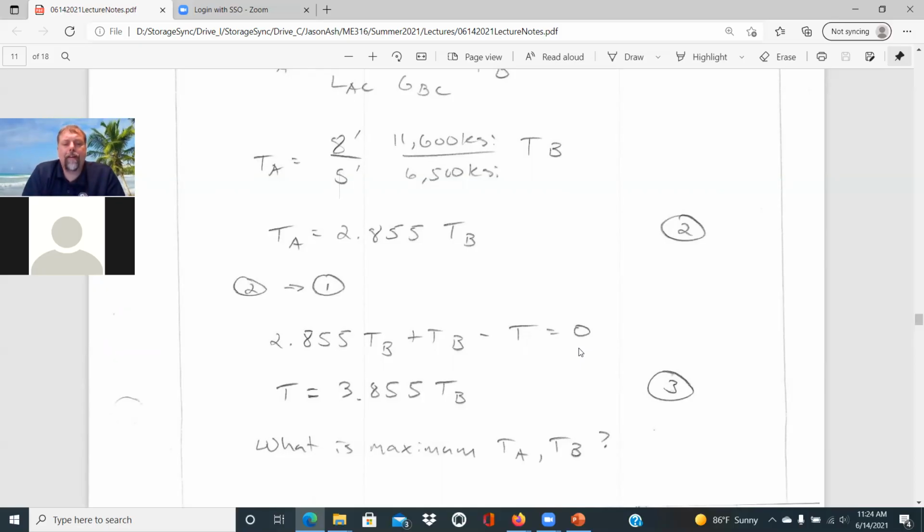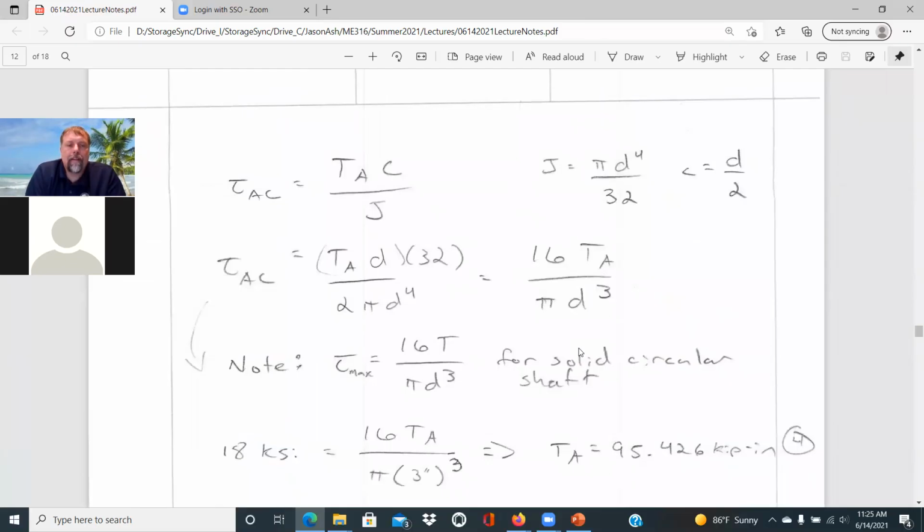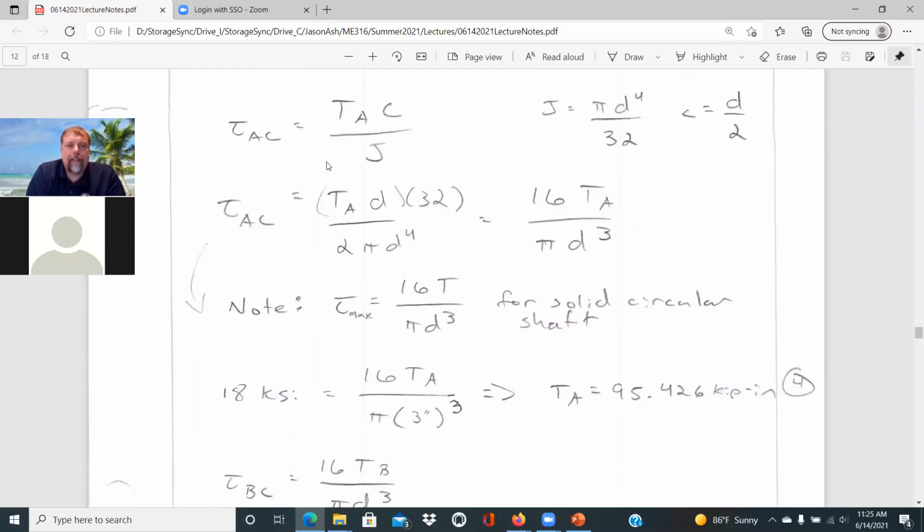And so that gets us to the point of what they did provide for us, and the given was the maximum shear stress that was allowed. And so we want to know what is the maximum TA and TB based on those shear stress limits. And so we can calculate the shear stress for AC is equal to torque at AC times C over J. J is just pi d to the 4th over 32, and C is equal to D over 2.